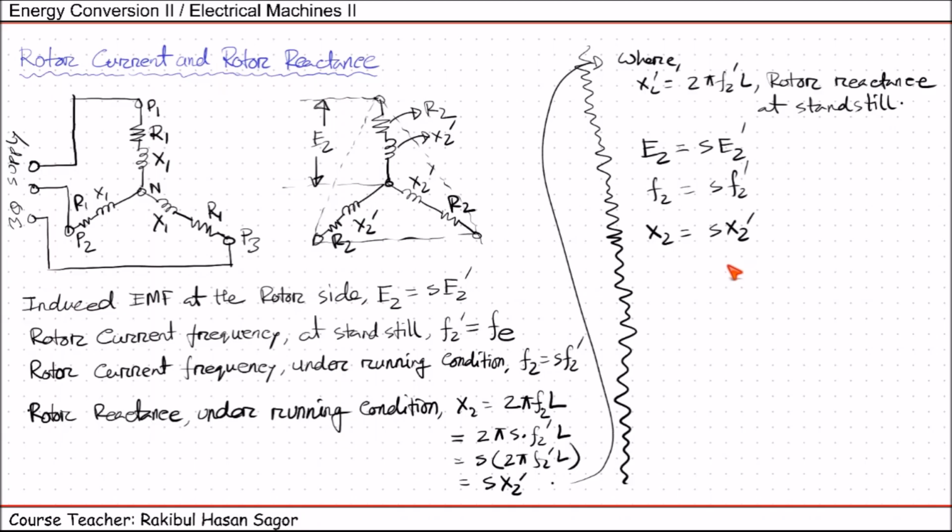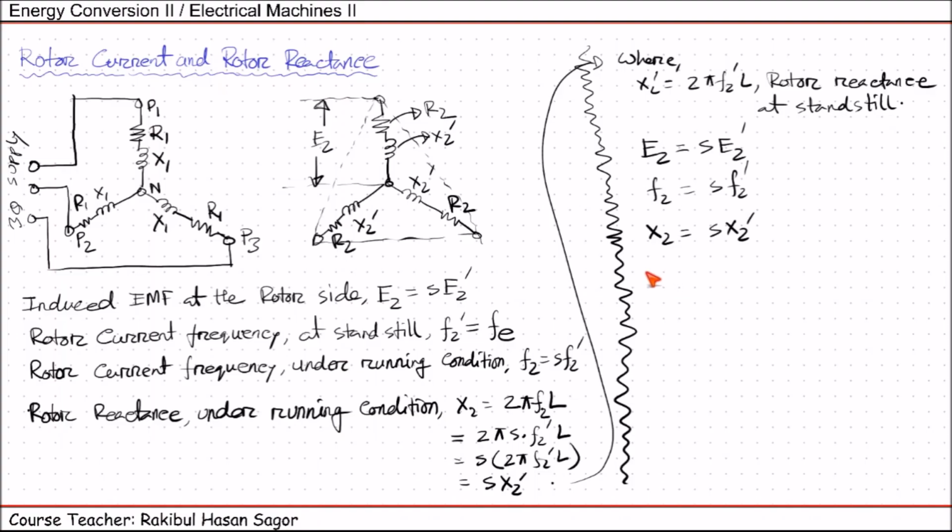Now we'll figure out the equation for rotor current per phase. Since the motor represents a balanced three-phase load, we need to consider one phase only. The conditions in the other two phases will be similar.